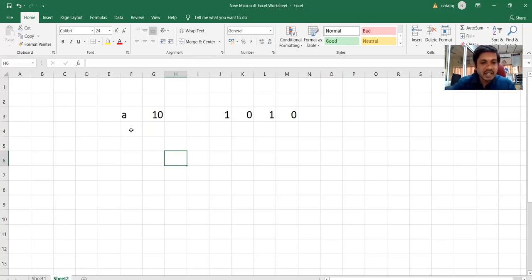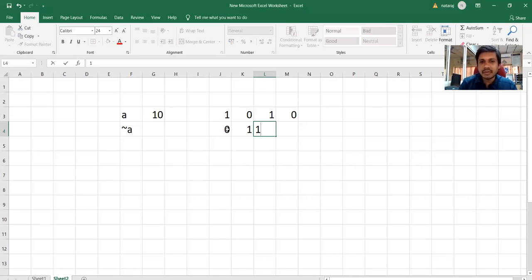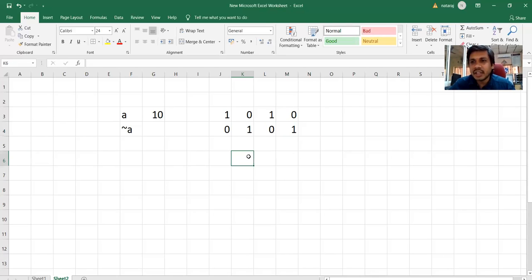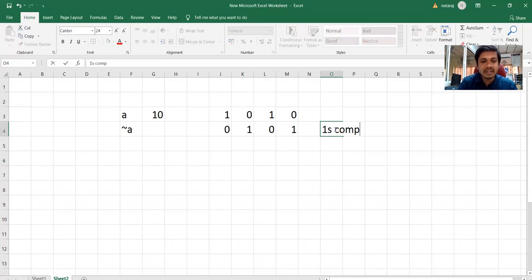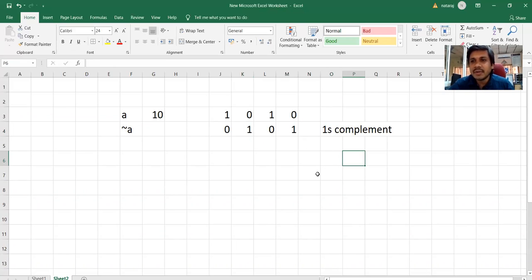Now negation A will be 0 1 0 1, and this is called 1's complement. The negation operation is called 1's complement.